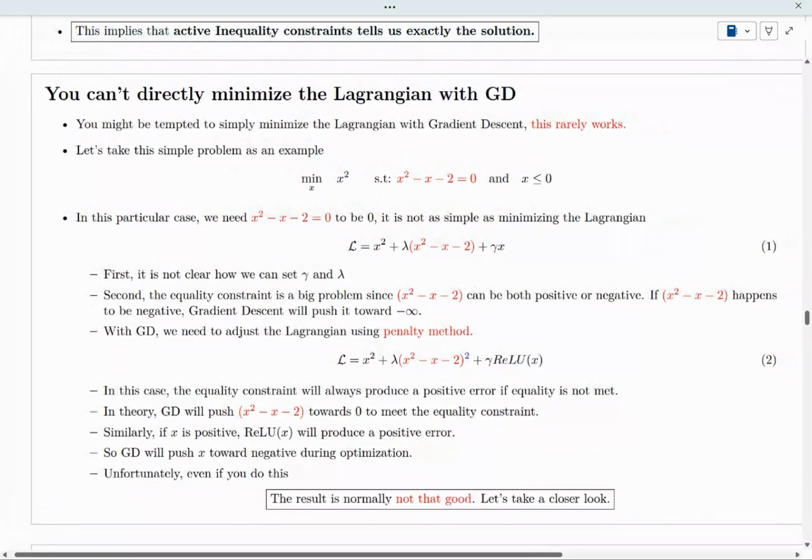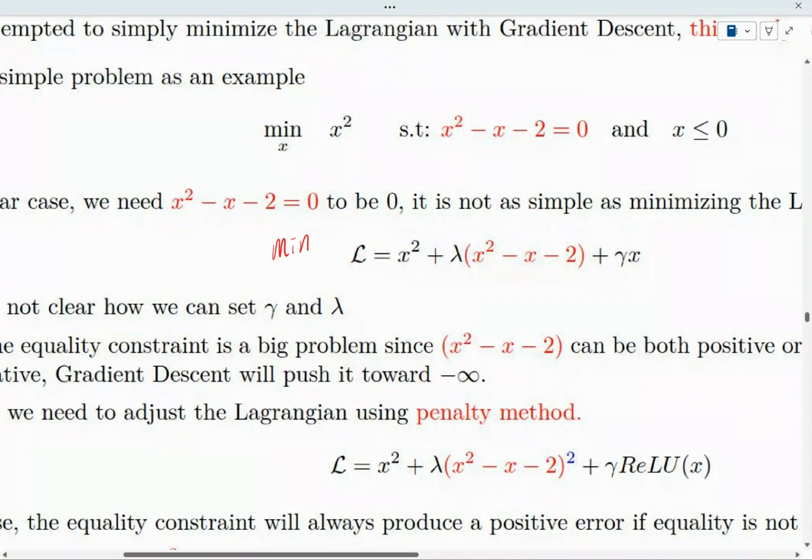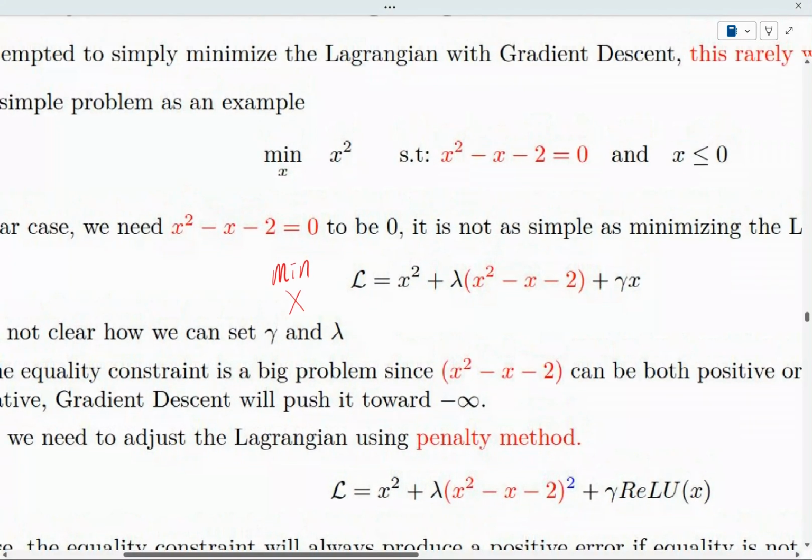The reason is, let's say you're trying to minimize this, right? You're trying to find an x that minimizes this. Well, what if you got an x as a negative value here? You can make this as negative as possible to minimize it.